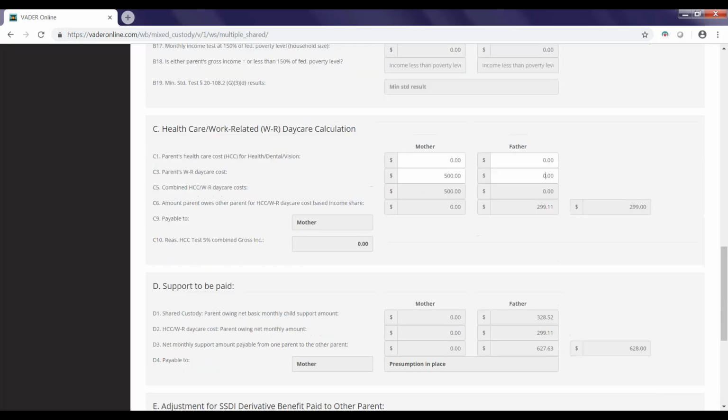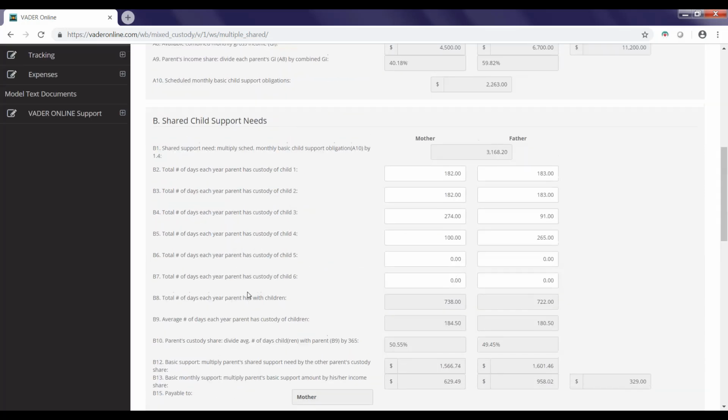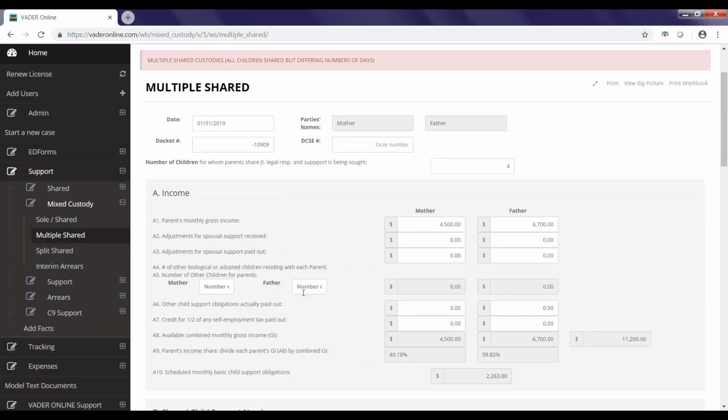Now, if there was any information on this sheet that needed further explanation, let's say that father's monthly income is averaged over a term of years. Let's say that he's a contractor, his income goes up and down from year to year, and in this particular case, I want to note that in this worksheet.